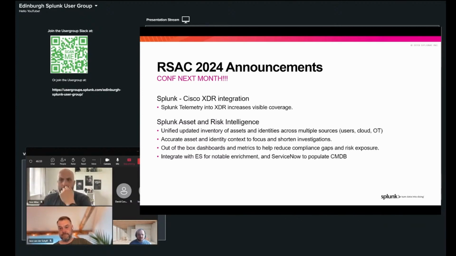There are some graphics of what the new asset and risk intelligence tool looks like on Splunk's blog. So if you are interested in this product, go and search for it in Splunk blogs, and ask PS if you're looking to get into the beta of it or something along those lines.